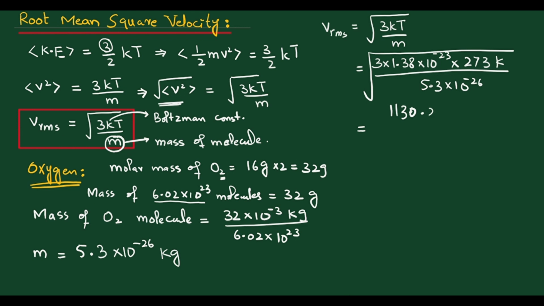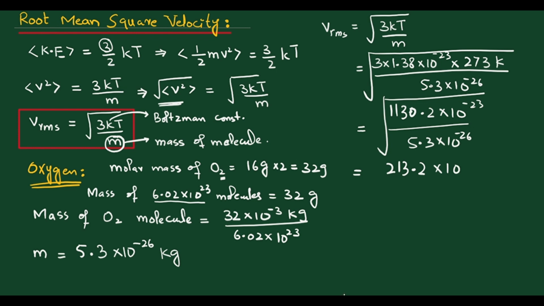So 1130.2 times 10 raised to power minus 23, divided by 5.3 times 10 raised to power minus 26, under the square root. 1130.2 divided by 5.3 gives 213.2, times 10 raised to power minus 23 plus 26, which is 213.2 times 10 raised to power 3, under the square root.